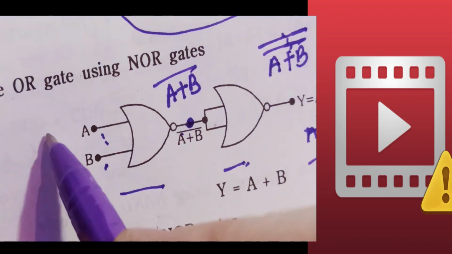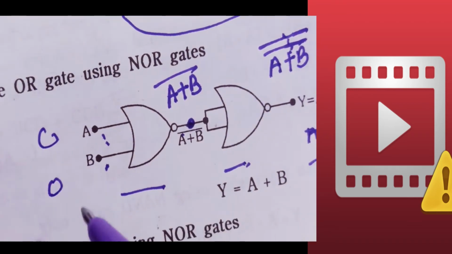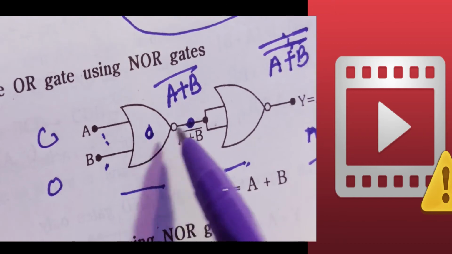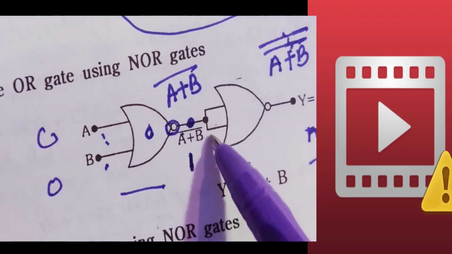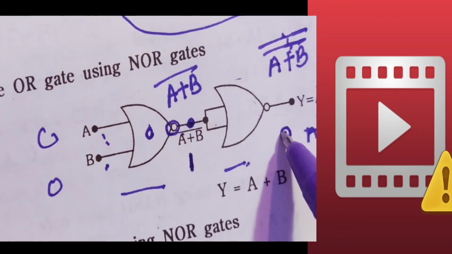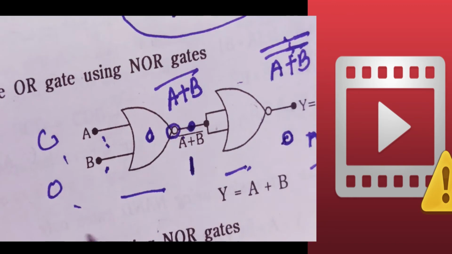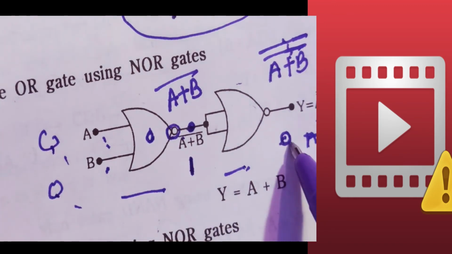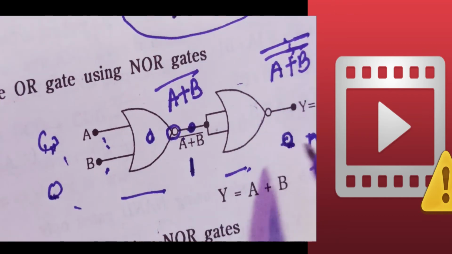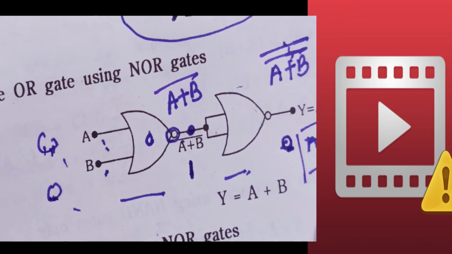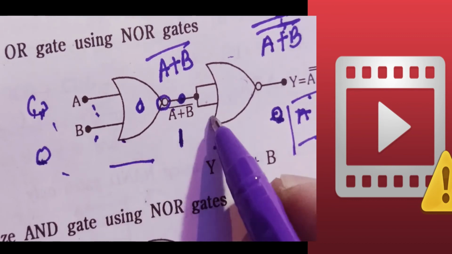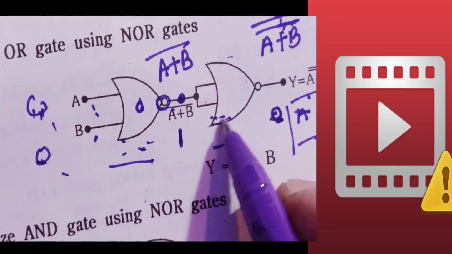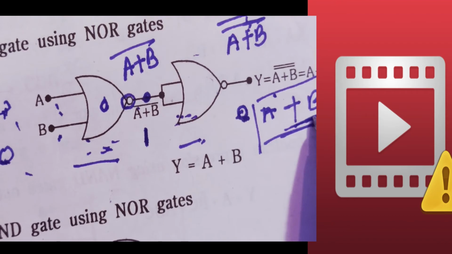Of course, you can check like this: 0, 0 OR gives 0, this NOT makes it 1, 1, and this NOT gate turns it to 0. So 0, 0 is 0. Similarly, you prove 0, 1. What about 1, 0? What about 1, 1? And you will see exactly the logic of the OR gate. So using 2 NOR gates, you have an OR gate.